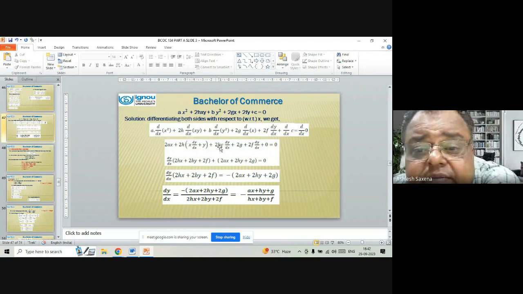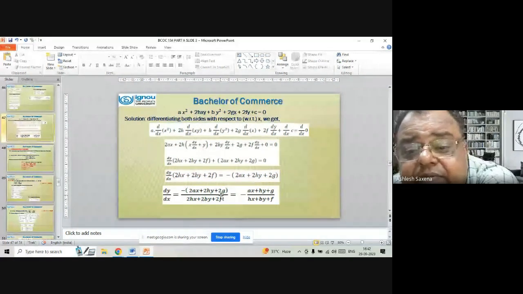Plus 2by plus 2f into dy by dx plus 2ax, 2hy and 2g. I will be taking this on the right hand side because I want dy by dx. Then for dy by dx, I will be bringing this down.